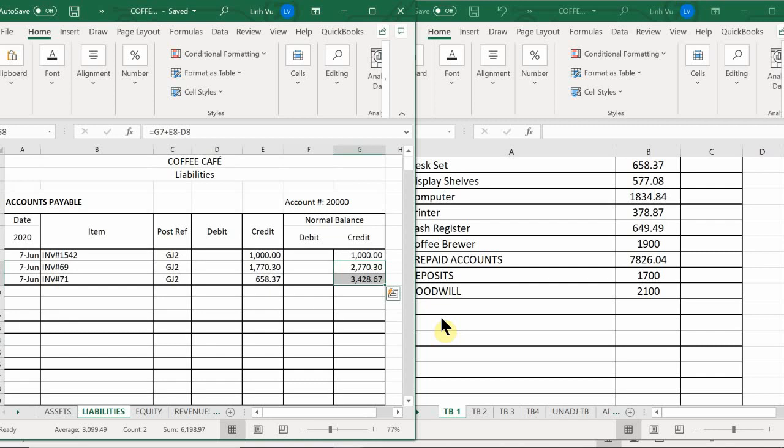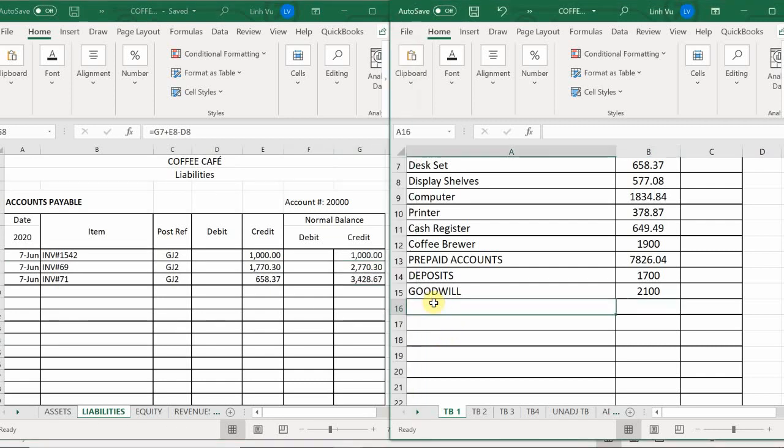First I have accounts payable, $3,428.67. Is this a debit or a credit? A credit, so we put it on the credit side this time.